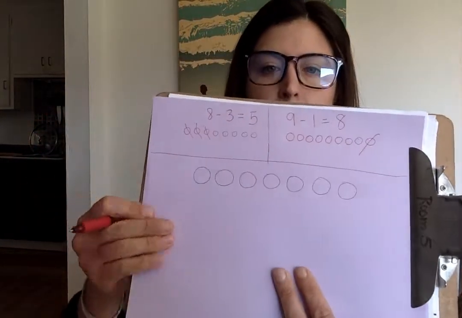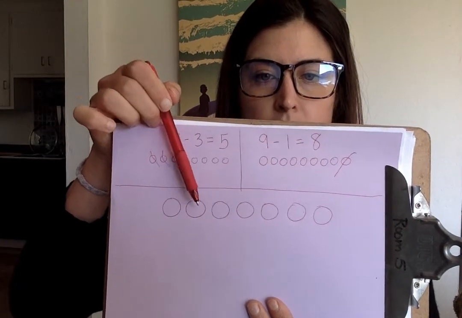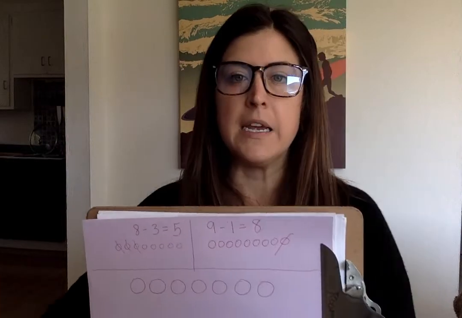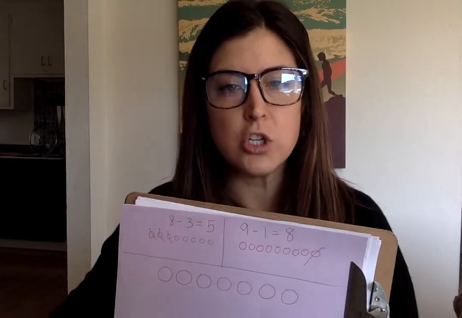I had 7 fish. Double check your work. 1, 2, 3, 4, 5, 6, 7. 6 fish swam away.